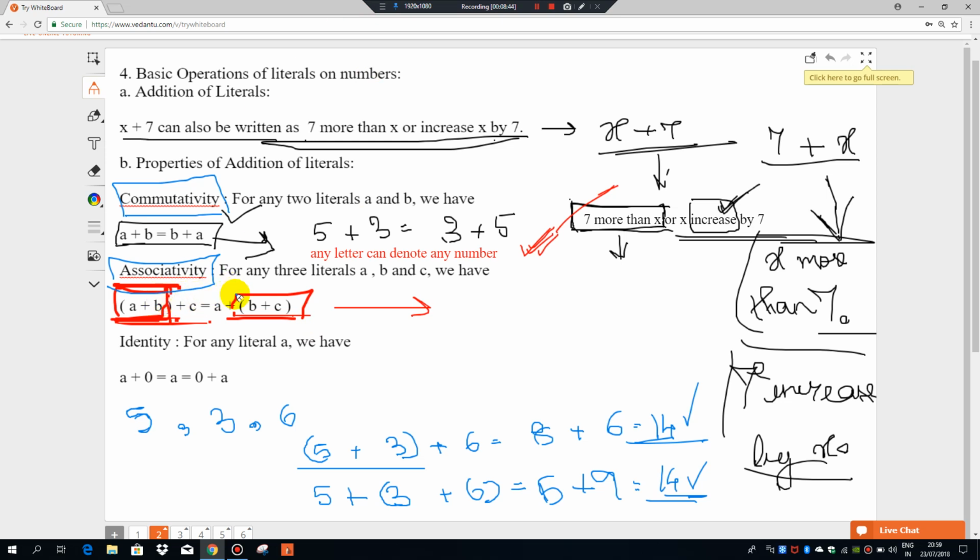But for the associative property, we use three numbers. If we change the grouping, the answer remains the same.